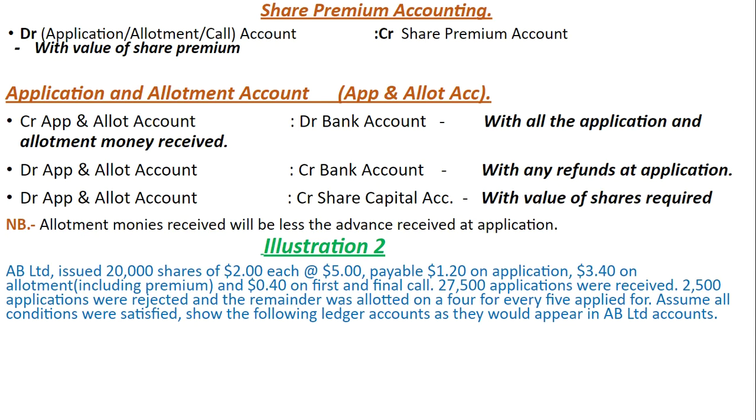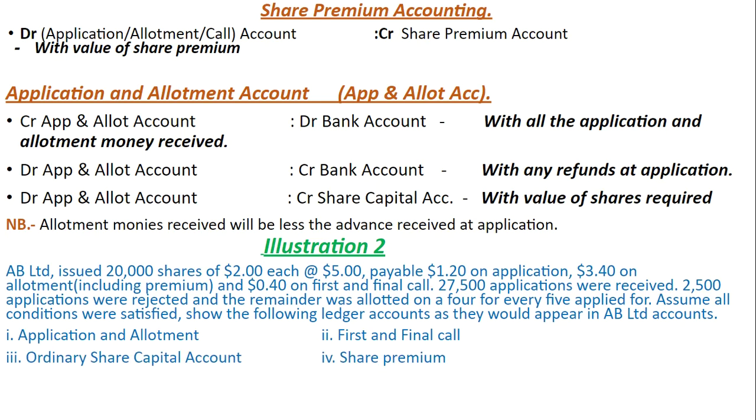Assume all conditions were satisfied. Show the following ledger accounts as they would appear in AB Limited accounts: application and allotment, first and final call, ordinary share capital account, share premium account, bank account, and balance sheet extract.